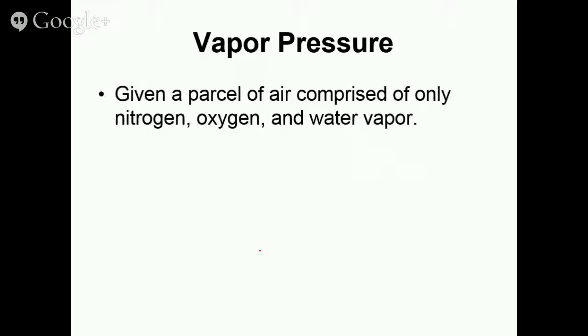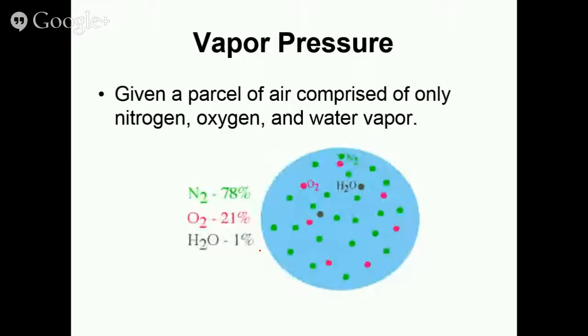So given a parcel of air comprised only of nitrogen, oxygen, and water vapor, what we can do is just focus on water vapor. Just like what you did earlier in the course with nitrogen and oxygen, you told me that when we had 1,000 millibars of total atmospheric pressure, nitrogen was 780. Therefore, when we say vapor pressure, it is just focusing on water.